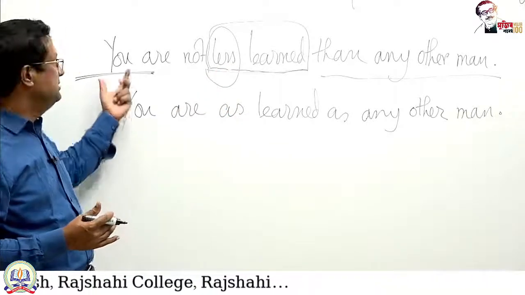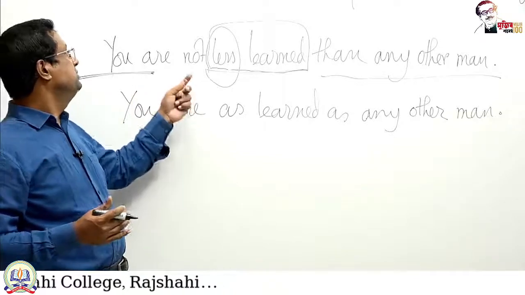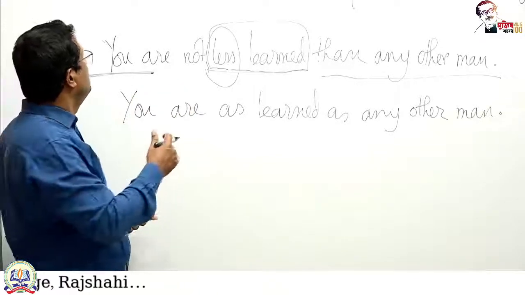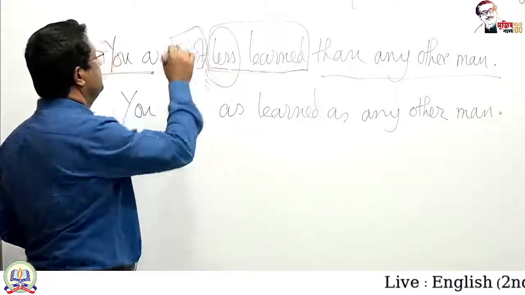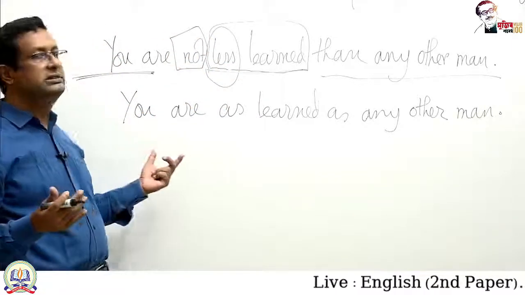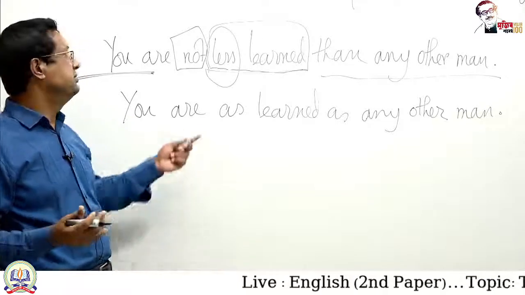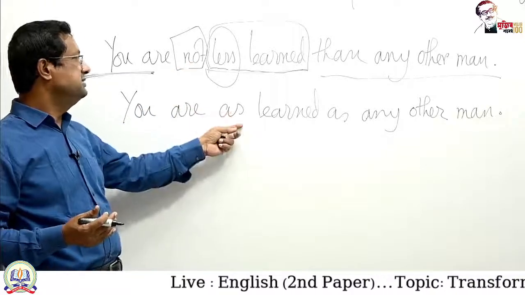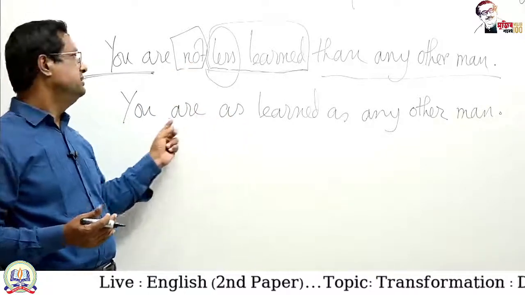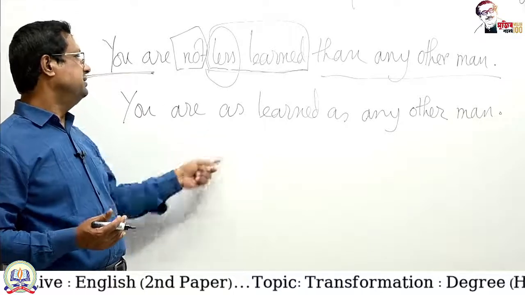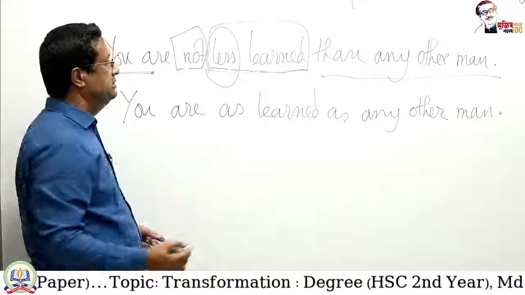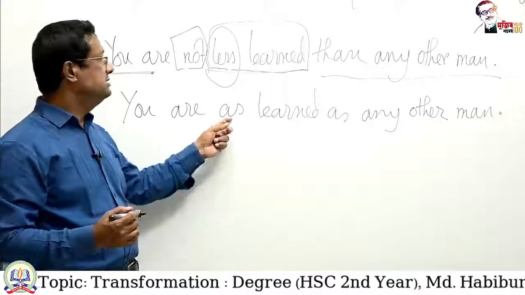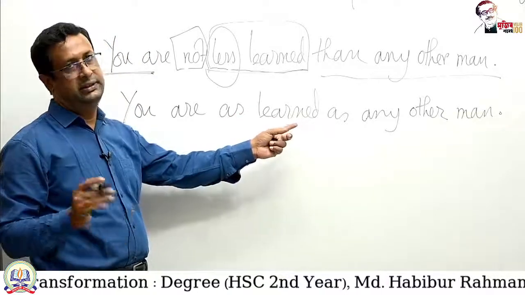The subject will be same, but you have to eliminate the negative, not, because we always change into opposite forms. This is negative, this sentence is affirmative, and this is affirmative, we have not used so learned as, we have used as learned as. Understand?